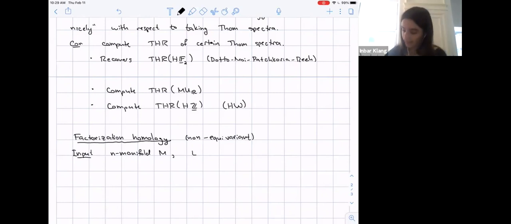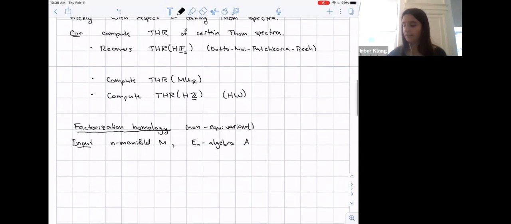And an EN algebra A. And this EN algebra A, you can take this to be a space, a spectrum, or a chain complex, or other things.